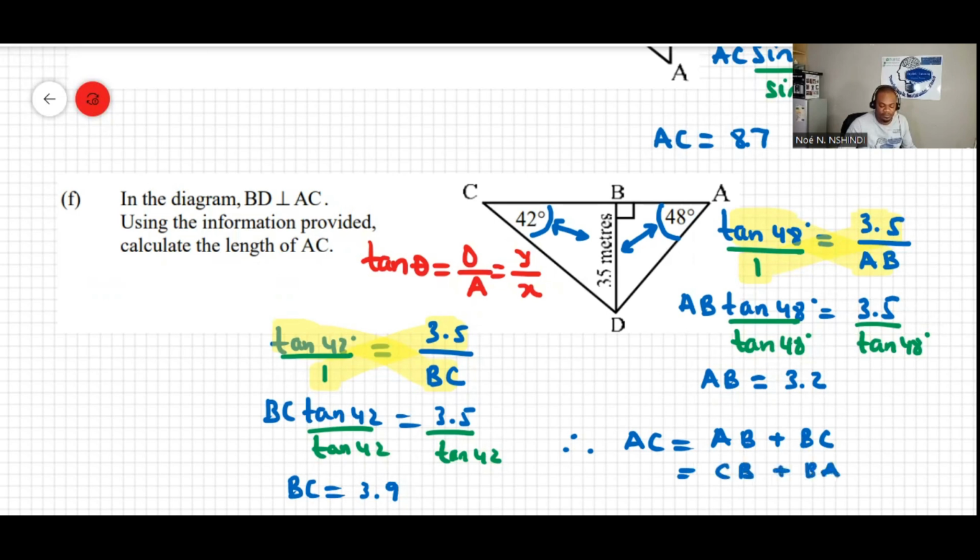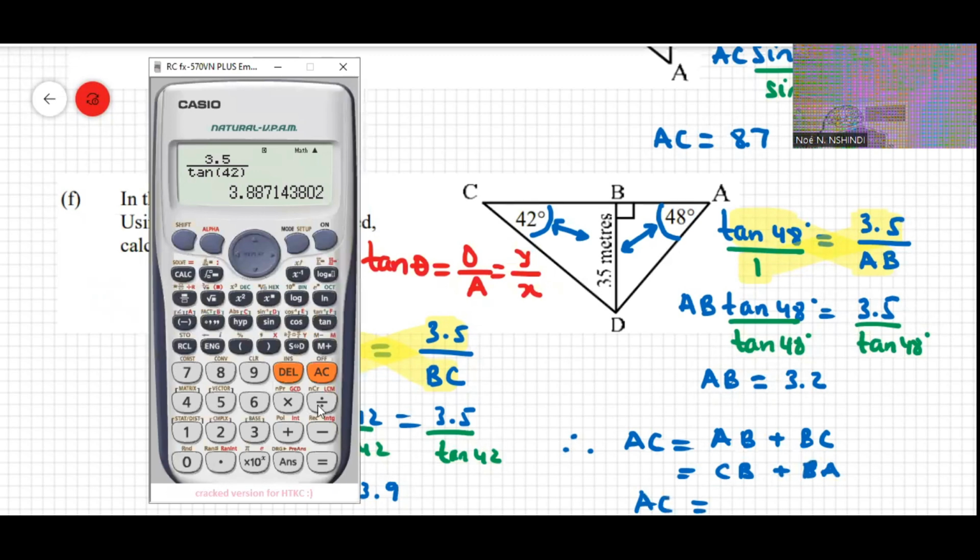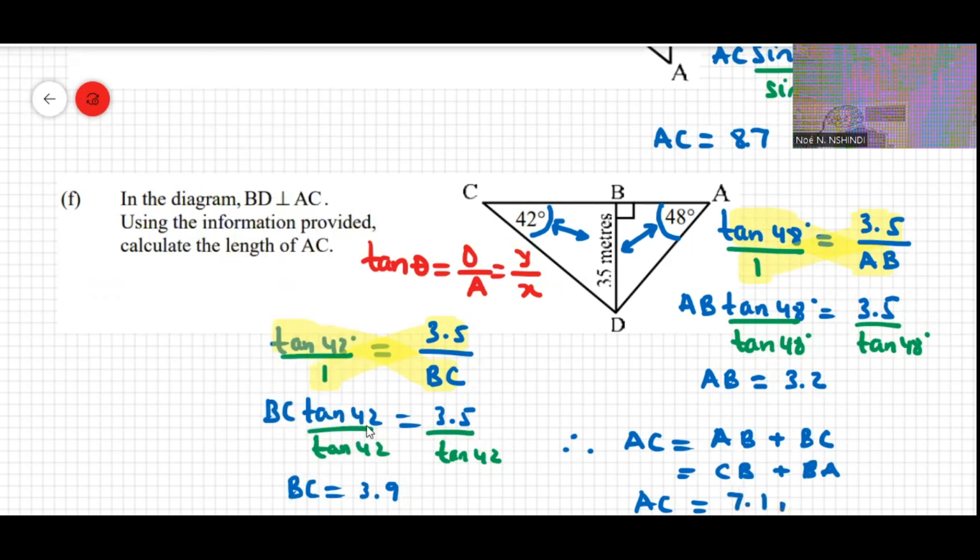It's the same thing. That will be equal to 3.9 plus 3.2, which is 7.1 meters. So it's expressed in meters here.